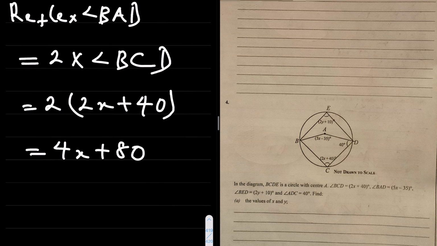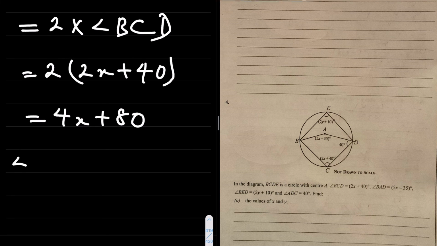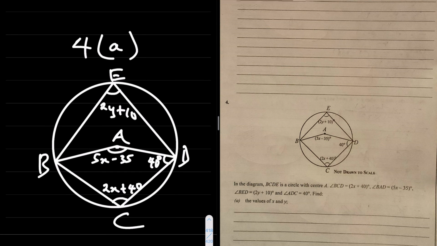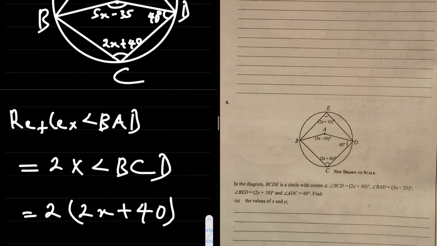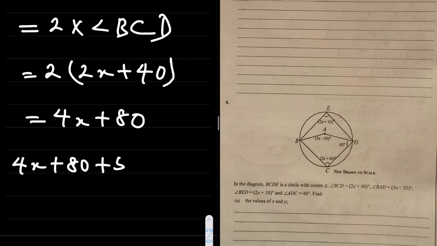Reflex angle BAD, which is 4x plus 80, plus this angle 5x minus 35 equals 360 degrees.